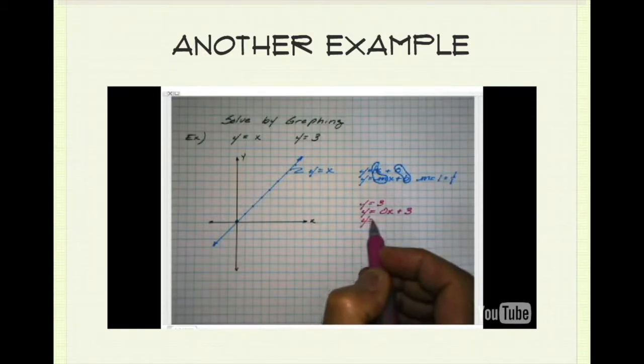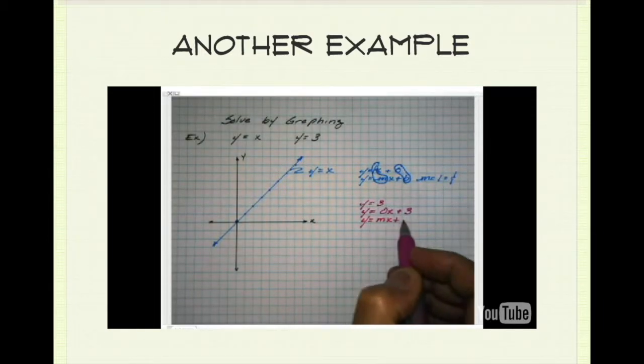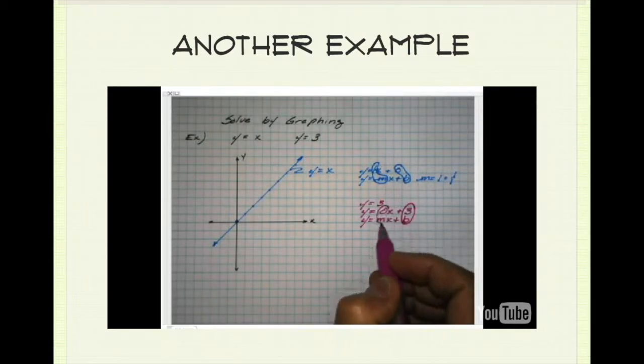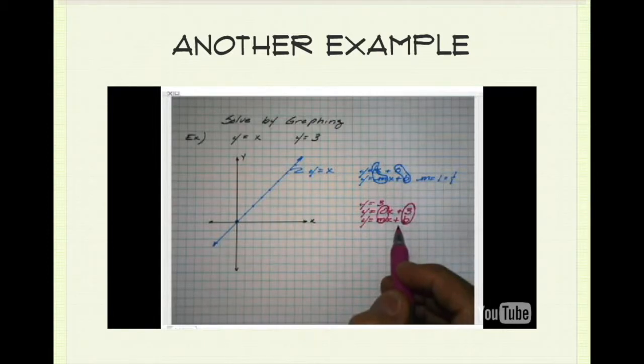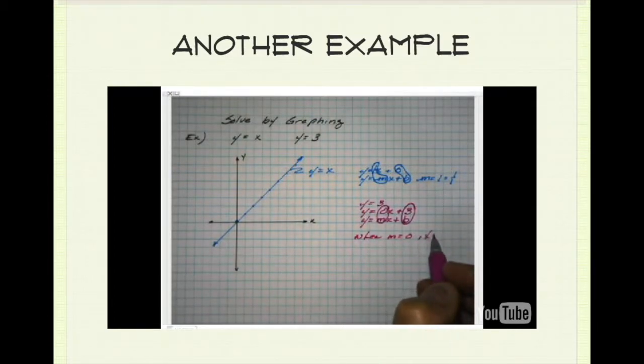So y equals mx plus b. I can see that my intercept is 3, and I have a slope of 0. And if you remember from the last chapter, a slope of 0, when m equals 0, is a horizontal line.